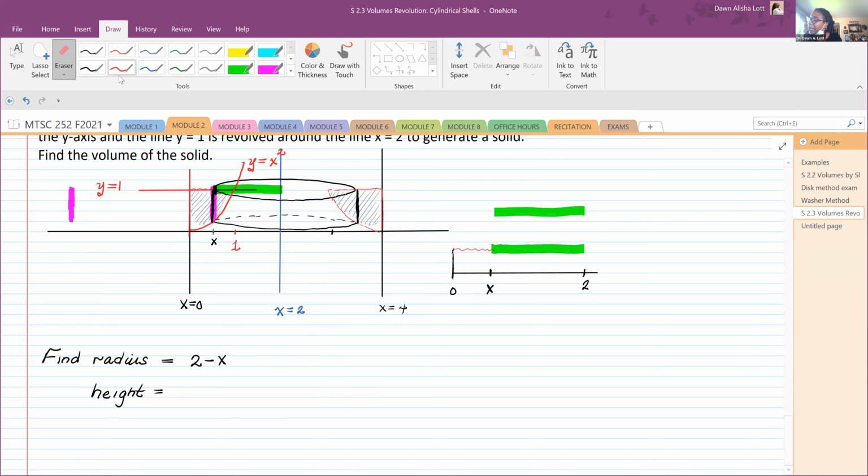So the pink piece is what I want, right? I'm this high, at y equals 1, so the pink piece is that tall. The curve is coming through like this, and this is y equals x squared.